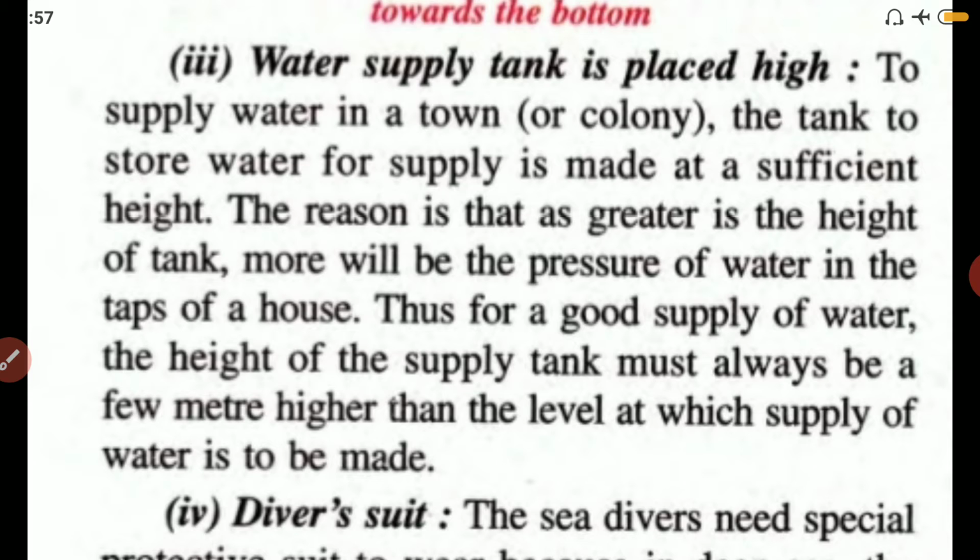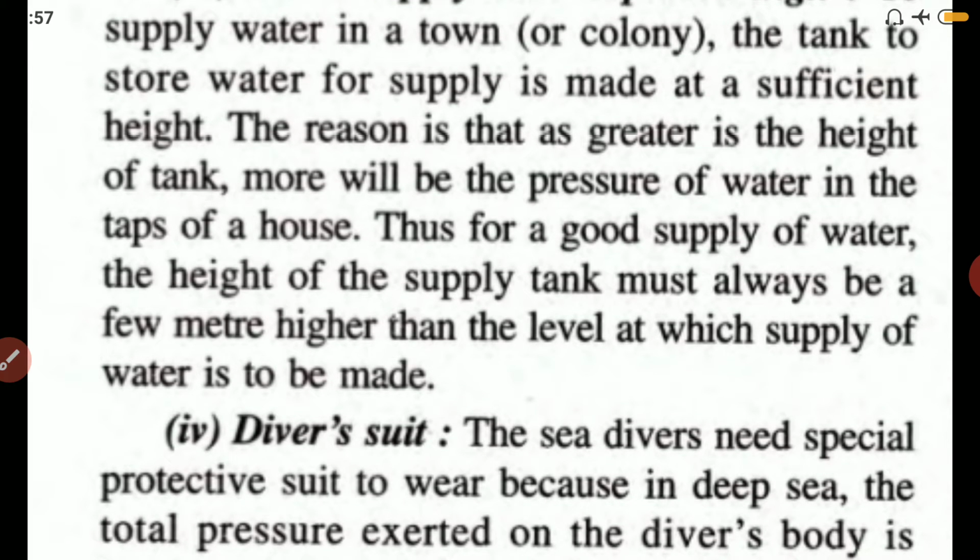To supply water in a town, the tank to store water for supply is made at a sufficient height. The reason is that the greater the height of the tank, the more will be the pressure of the water in the taps of the house. Thus, for a good supply of water, the height of the supply tank must always be a few meters higher than the level at which the supply of water is to be made. Let me try to explain this.